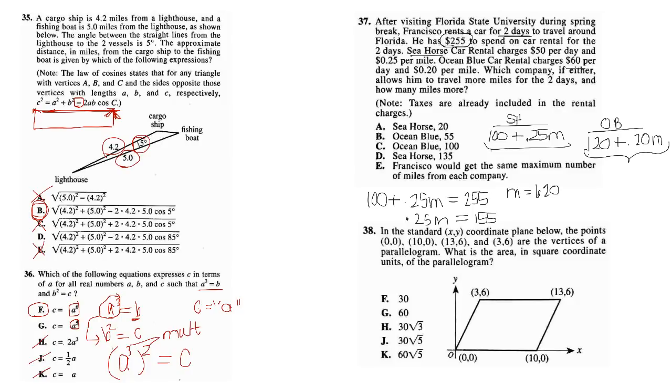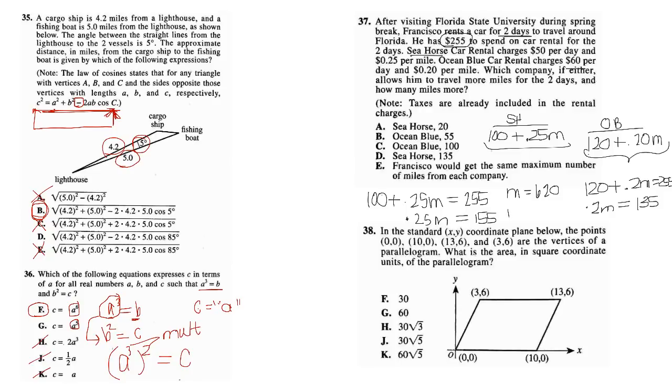And then for the other equation, we're going to do the same thing. We're going to say 120 plus 0.2 m equals 255. That's how much he has to spend. And solving this equation, subtracting 120 over, so I have 0.2 m equals, and if I subtract there, I get 135.